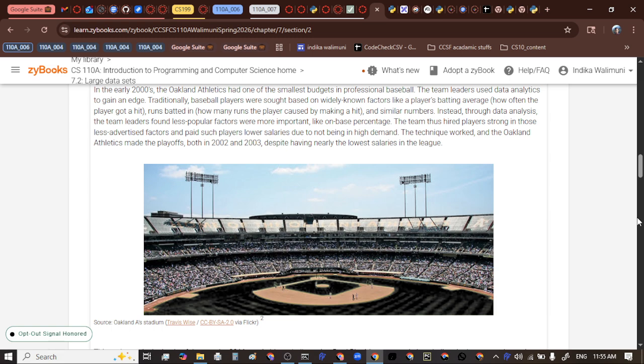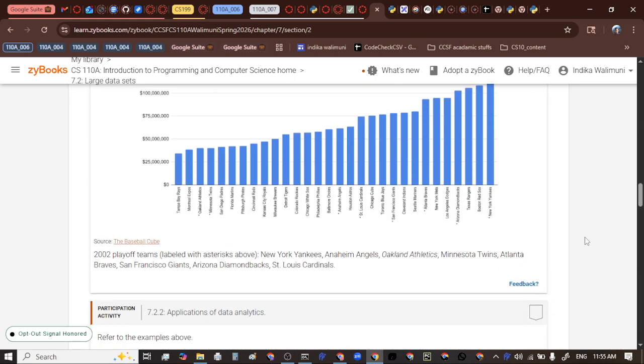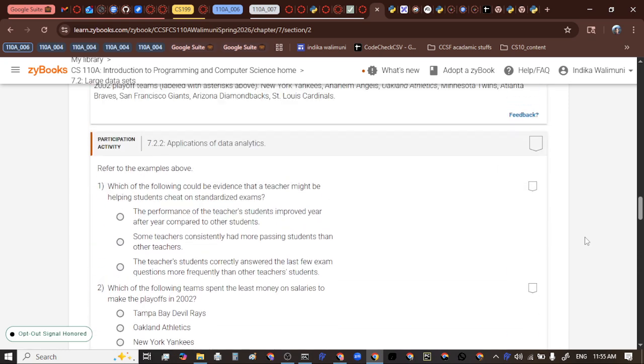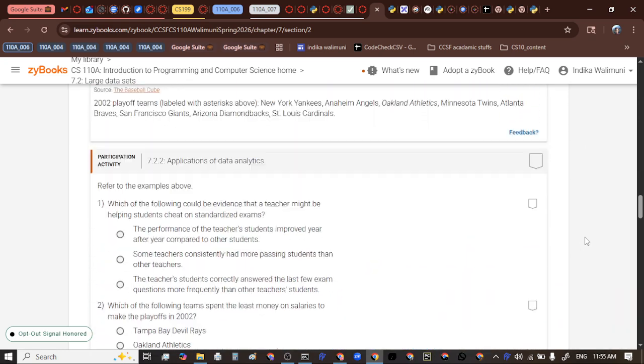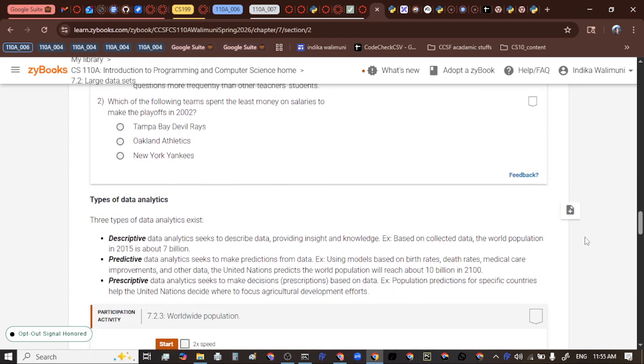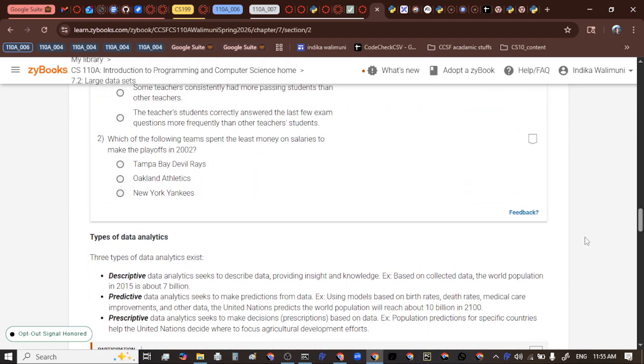Like trades, and also the playing patterns of players, like how the guy hit and things like that. And they almost got the World Series, but I don't think they won it at that time. I'm not sure though.